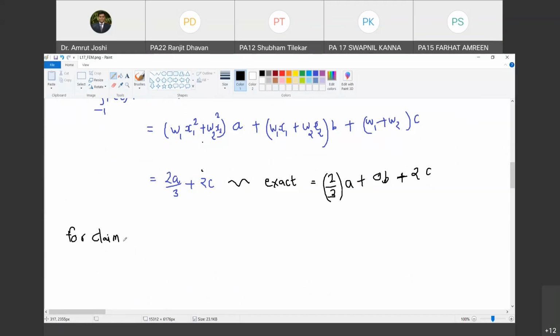for claim to be true, I must have w1 x1 square plus w2 x2 square. That must be equal to 2 by 3.